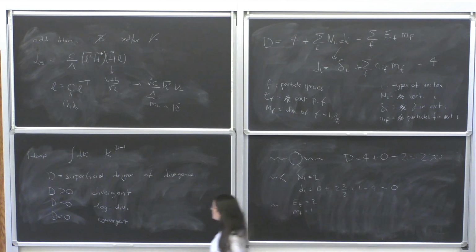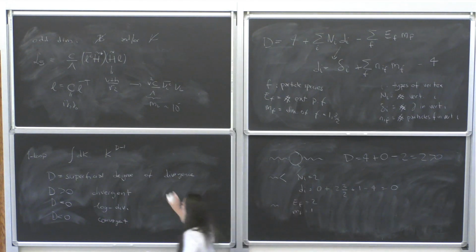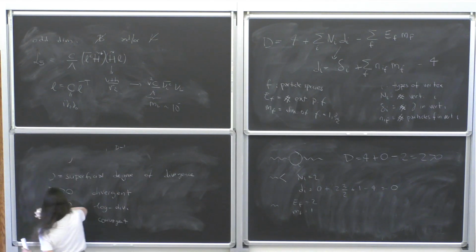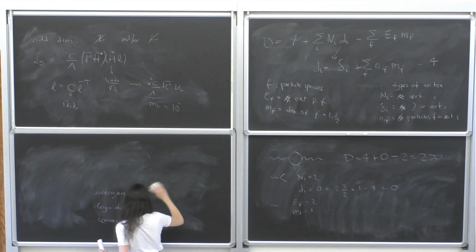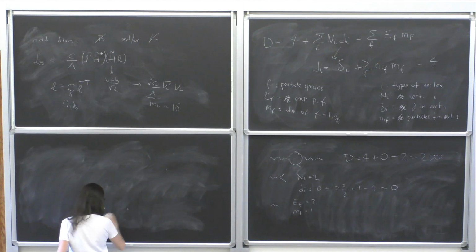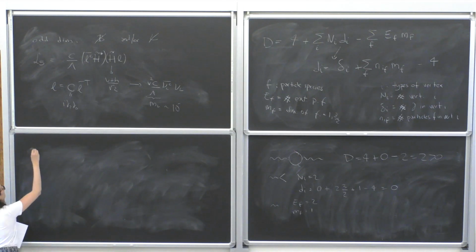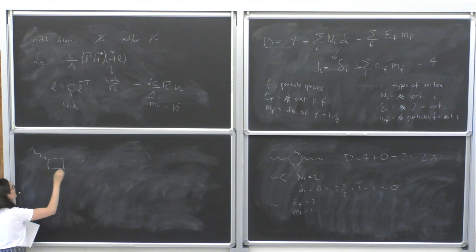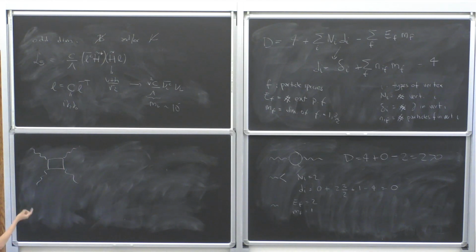Now we can make another one here. If you now have a box in the same theory, what we are changing now is that we have the same kind of vertices, but now we have 4 of them.